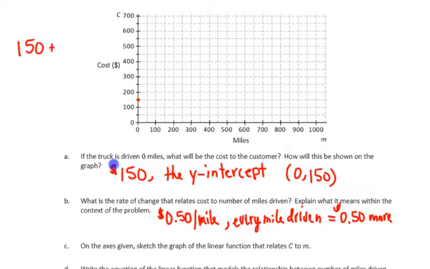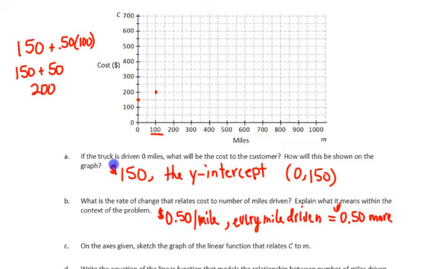And if I drive 100 miles, I would take 50 cents and multiply by 100 miles, which is $50. So the total cost for 100 miles would be $200. So 100 miles, $200. And for every 100 more miles, it's $50 more.